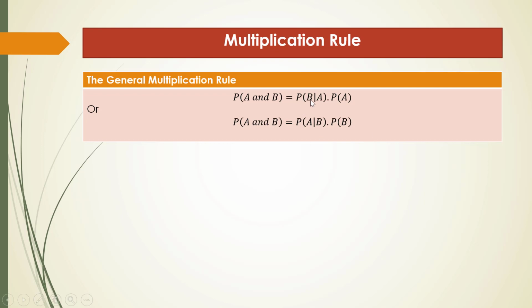Remember, probability of B given A is probability of A and B over probability of A. So if we multiply both sides by probability of A, we get probability of A and B is probability of B given A times probability of A. And also, probability of A given B is probability of A and B over probability of B. So probability of A and B is probability of A given B times probability of B.